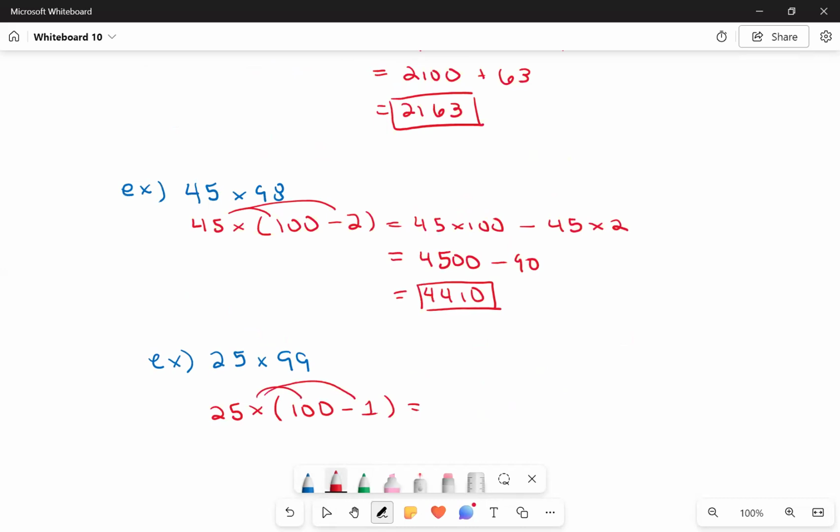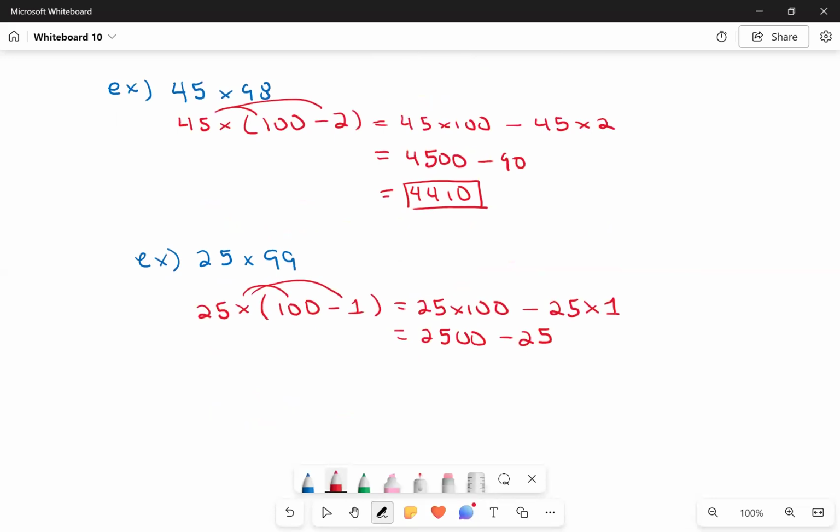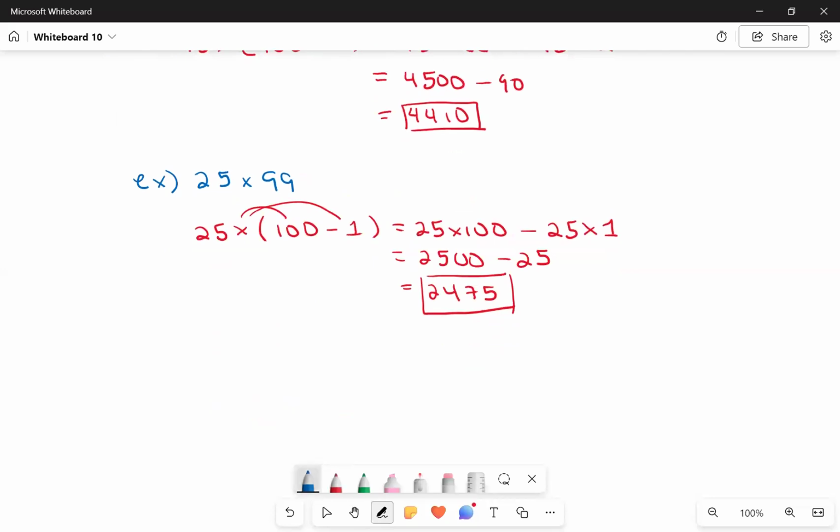I'm going to get 25 times 100 minus 25 times 1. That's 2,500 minus 25, which will be 2,475. And there we go. Those are the substitutions. Let's try equal products.